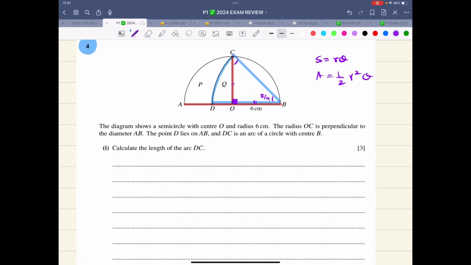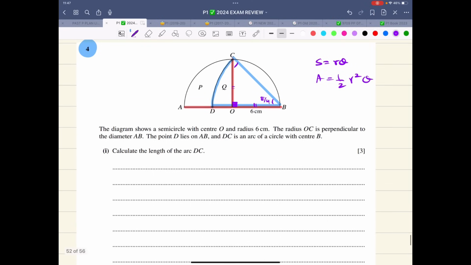Now, let me focus on the next part. If I want the length of arc CD, there is nothing special except that if this is 6, this is 6, we need to find BC. So BC square is 6 square plus 6 square, under root, that is root 72.